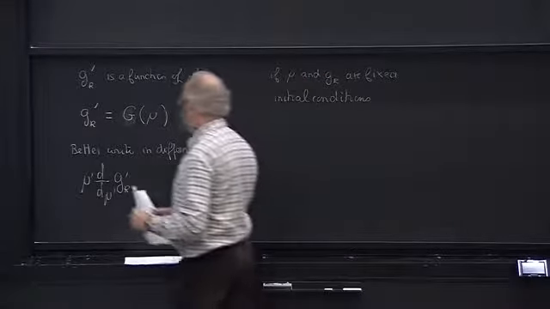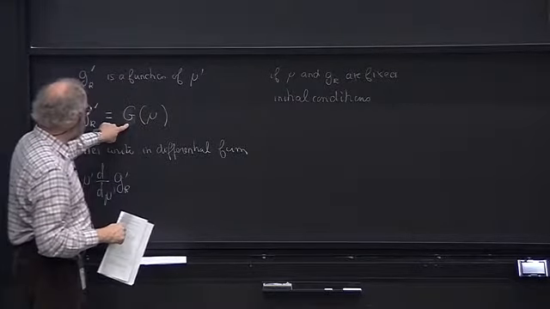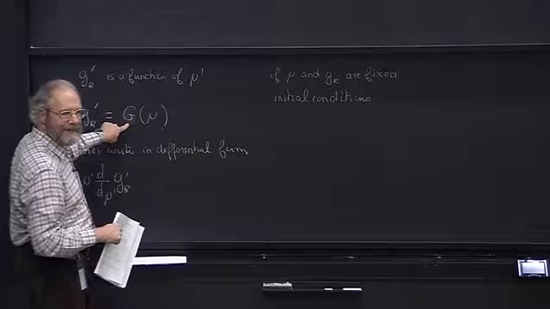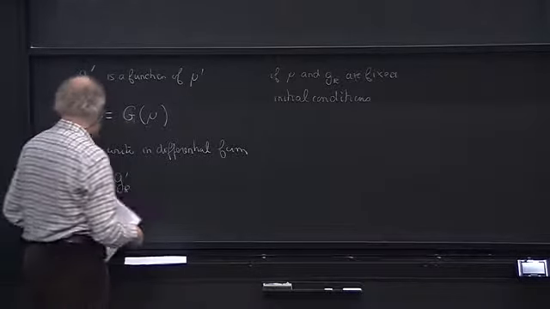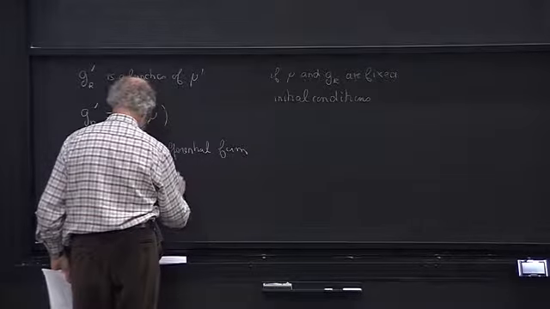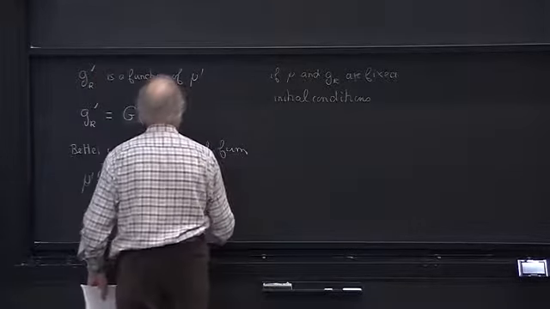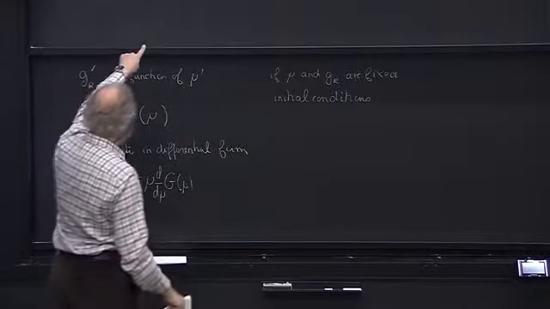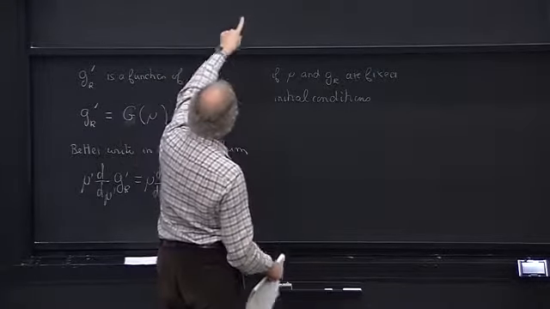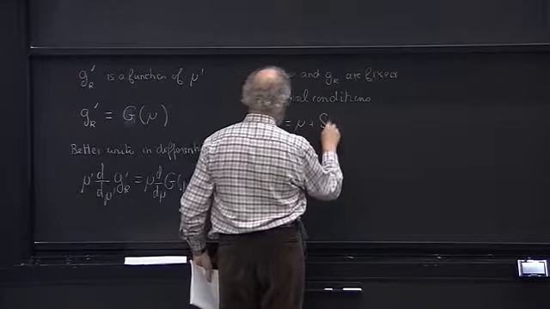This means that I'm simply considering the logarithmic derivative of the function G, so this is, if you want, mu d mu of this big function G depending on mu. For this calculation, you just have to write that mu prime is mu plus delta mu.